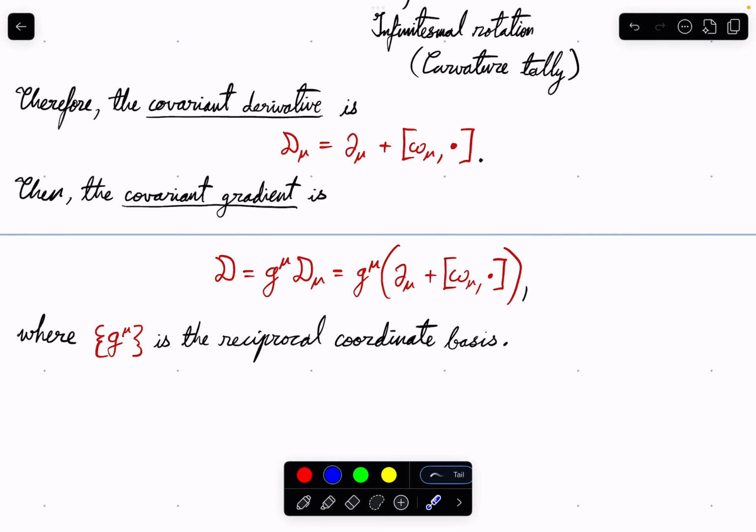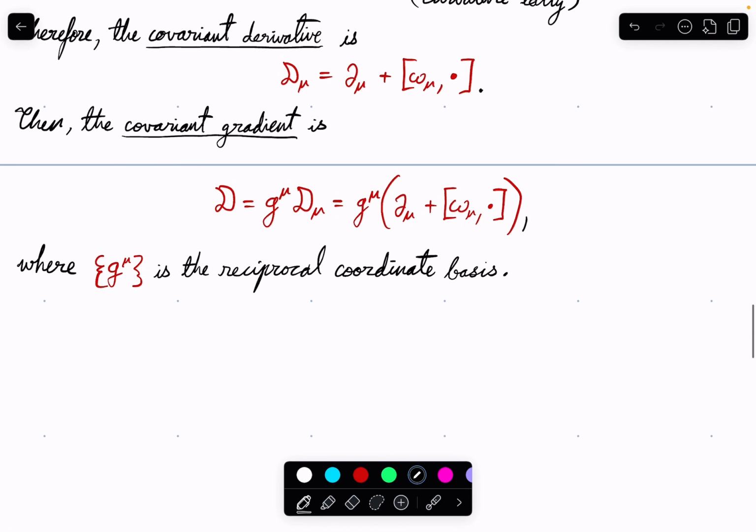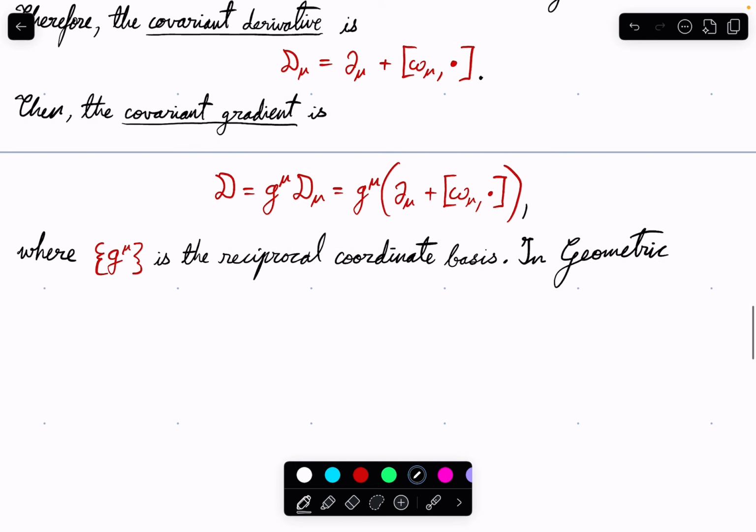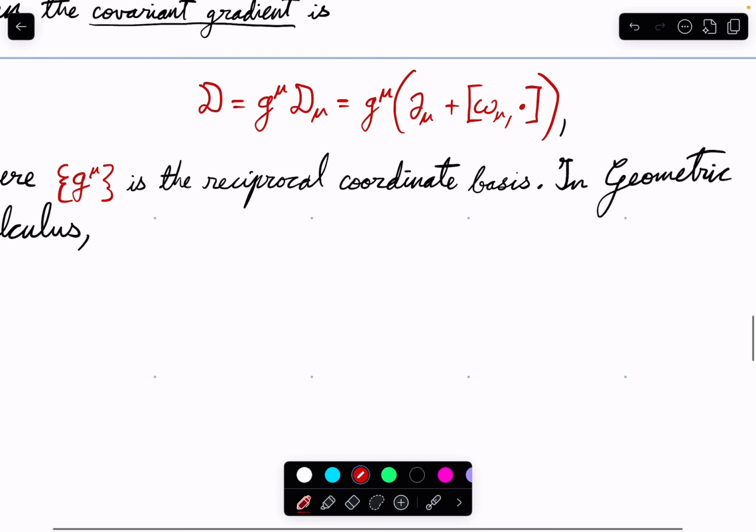And so normally I'd say, this is it, we're done. But let's talk a little bit about how this would look in the traditional geometric calculus notation. So in geometric calculus, it looks like this.